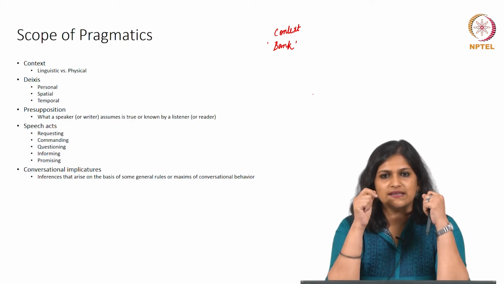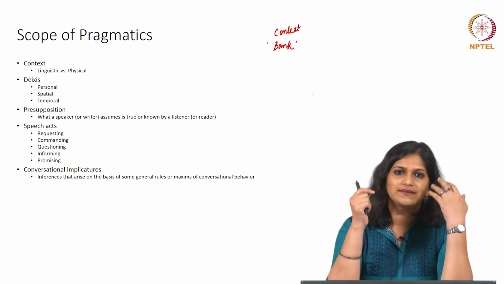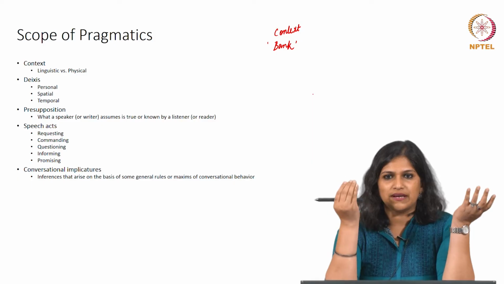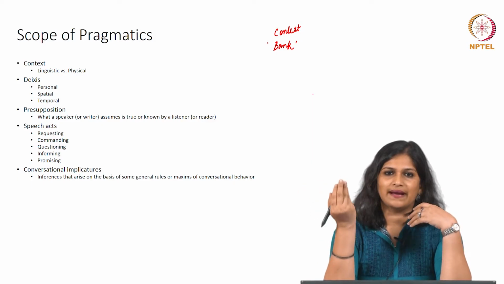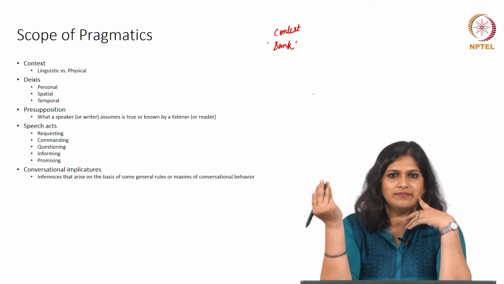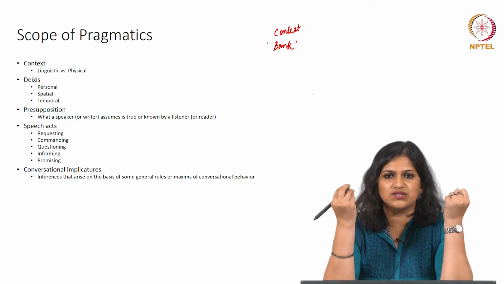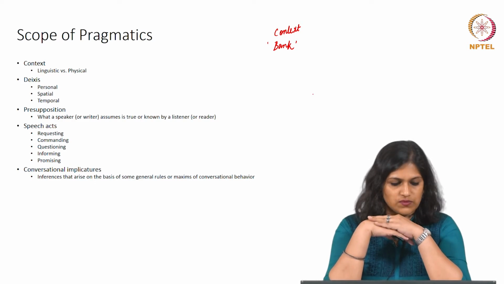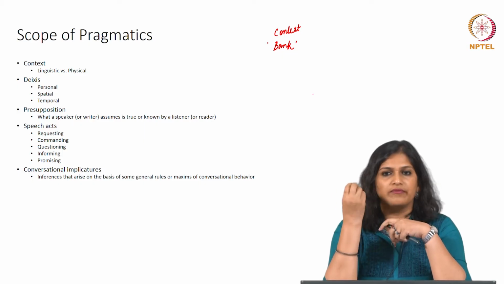If you are using it in the context of money or to withdraw some cash, bank would mean something else. But if you want to take a walk in the evening by the riverside, bank will have a different meaning altogether, right? Depending on the context or the situation, the meaning of words changes, and that is one of the most important scopes of pragmatics.